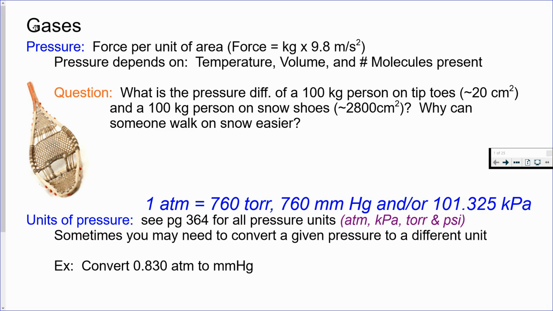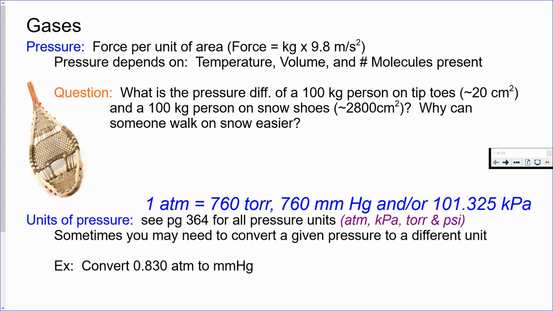So the question initially is, if you have the same person, but they're going to walk on tiptoes or on snowshoes, why can someone on snowshoes walk easier in the snow? Well, the answer to that is there is far less pressure.